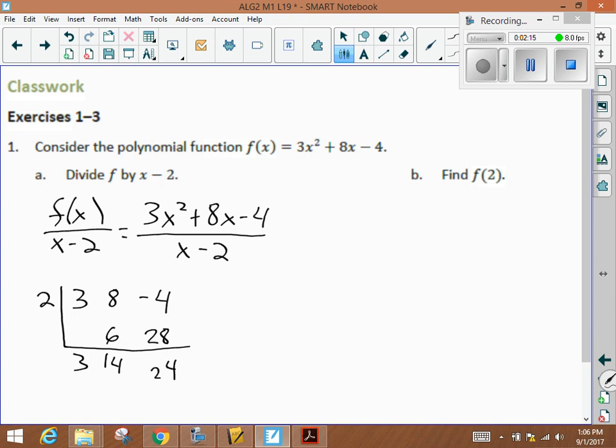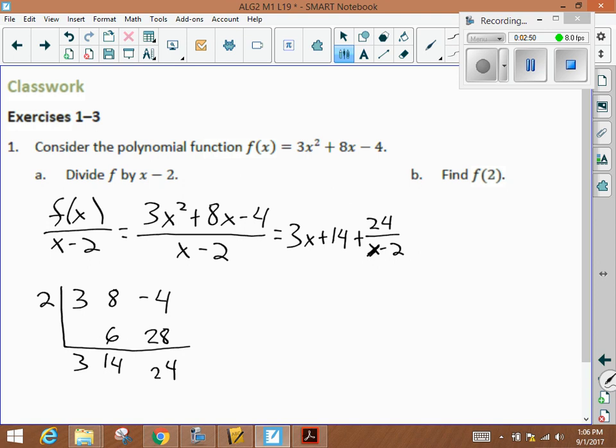There it is. Okay, so when we divide this, we get the result that this is equal to 3x plus 14, and my remainder is 24 over x minus 2. Fantastic. So we're going to arrive at something really interesting when we find f of 2.